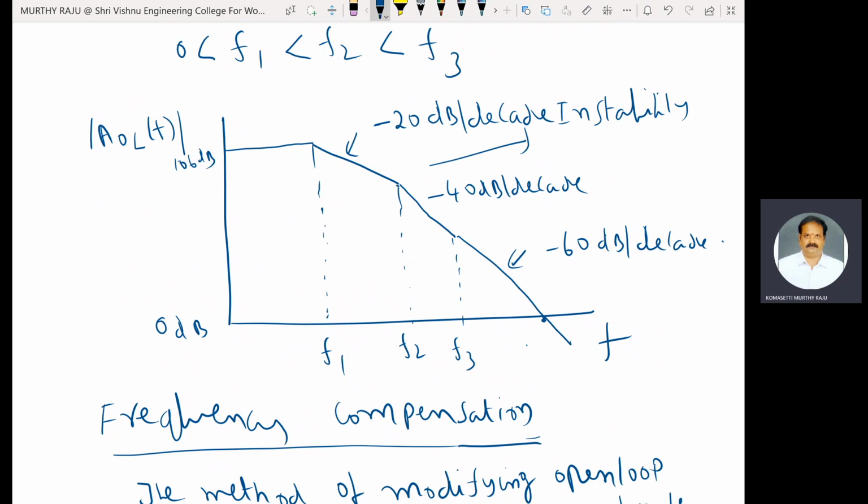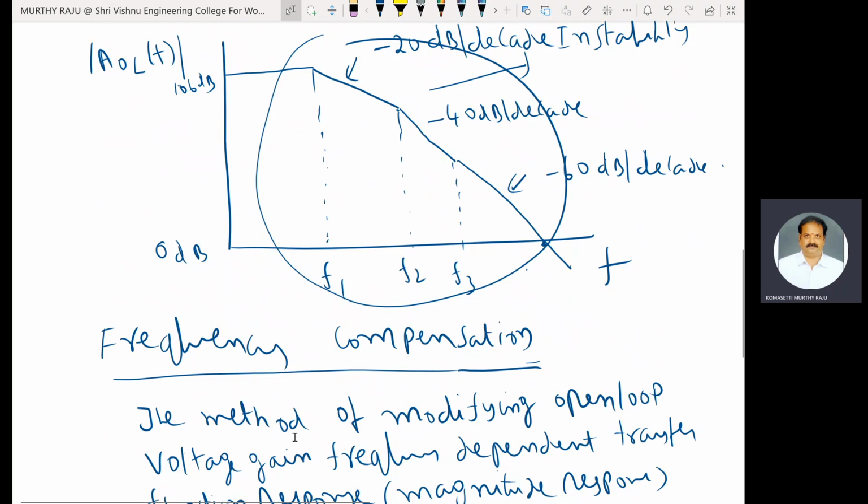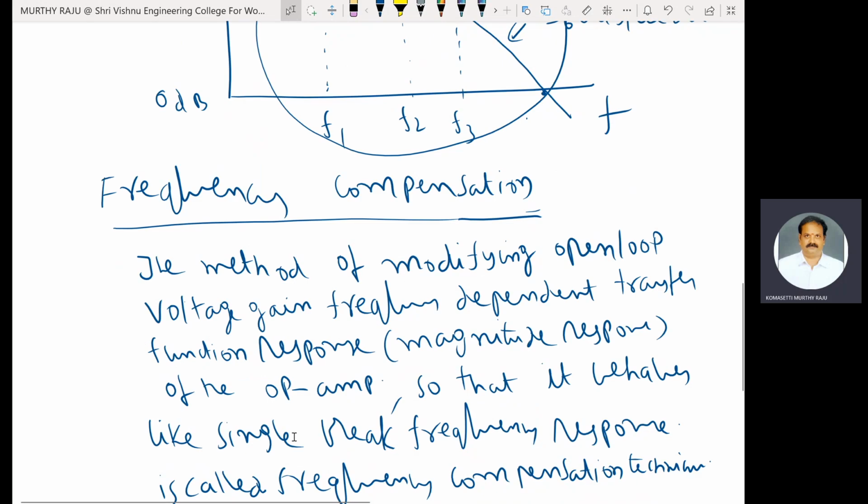That is the reason we go for compensation. This is the uncompensated case. By introducing the compensation technique, instead of 3 break frequencies, I introduce only 1 break frequency. That is called the modified open loop gain frequency dependent transfer function response.